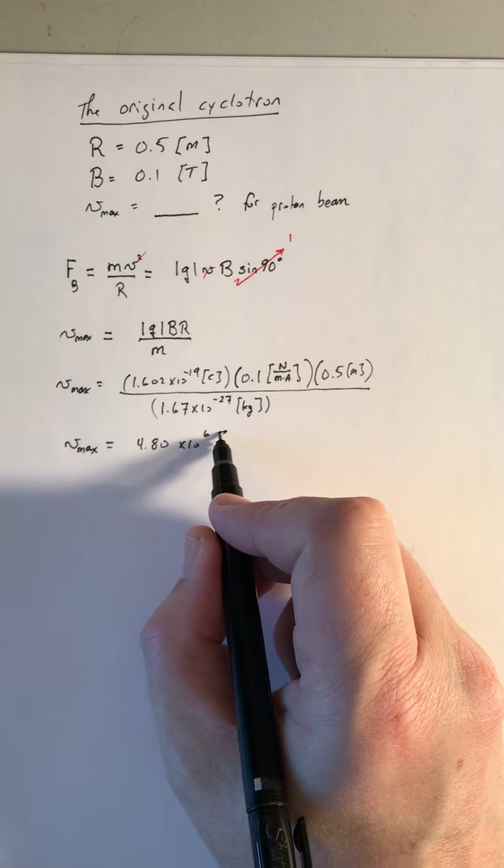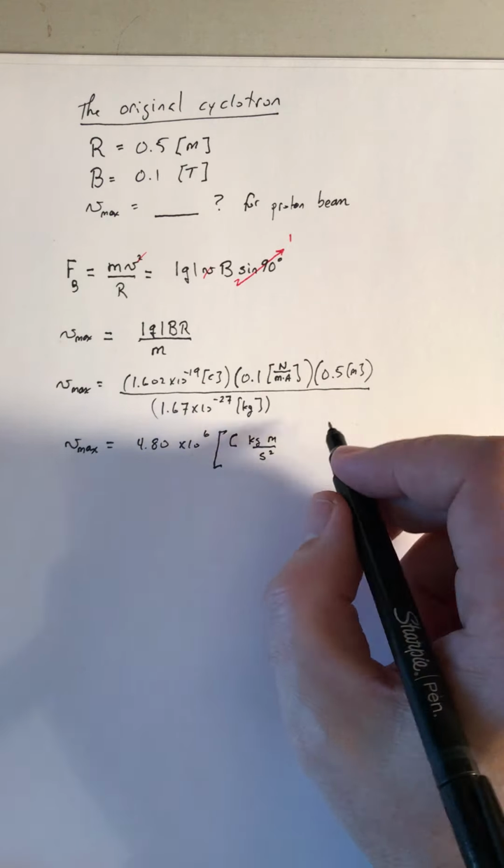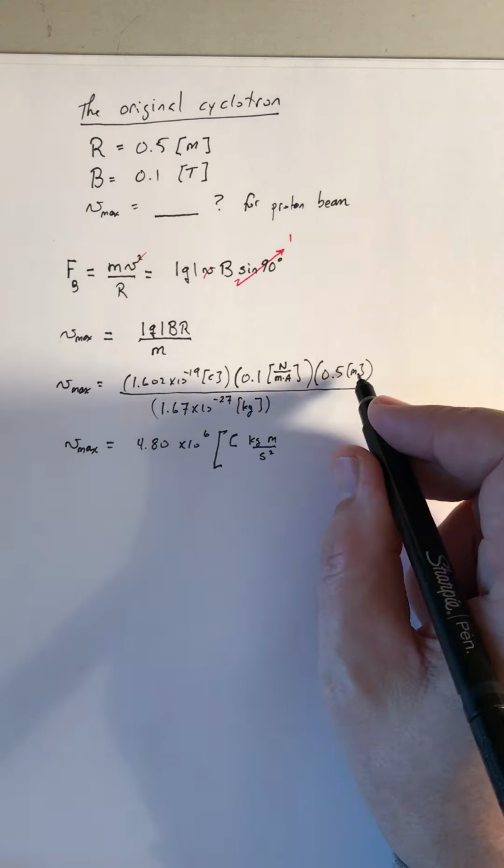Now the units are sort of ugly, so we'll look at that on its own. I'll have a coulomb. I will have a Newton, which is a kilogram meter per second squared. I have another meter in the numerator.